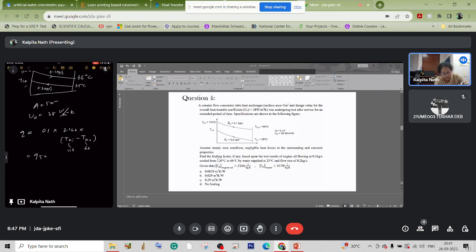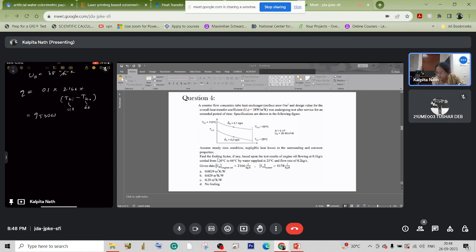So the rate of heat transfer comes out to be 9530 watt. Now for the cold fluid, m_c C_pc (T_c,out minus T_c,in). So this we know 9530, and this is 0.2, and this is 4178, and this is T_c,out minus 25. From there we get T_c,out, which is 36.405 degrees Celsius.